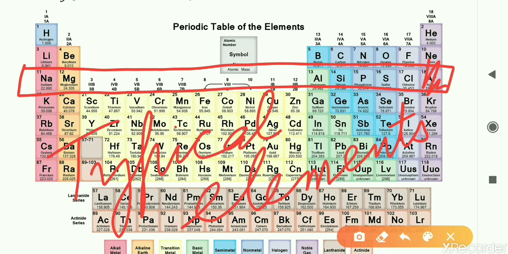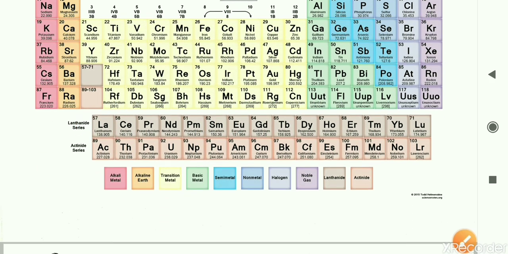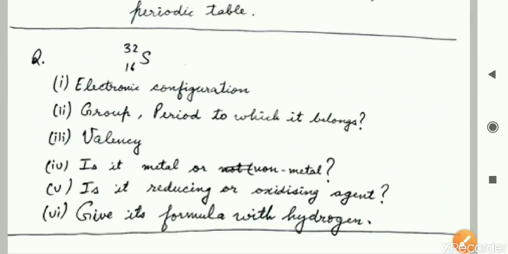Why are they called typical elements? Because they summarize the properties of their respective groups. Sodium shows the properties of the remaining elements of its group. Similarly, magnesium shows the properties of the remaining elements, and so on. So typical elements are in period number 3 of the periodic table.